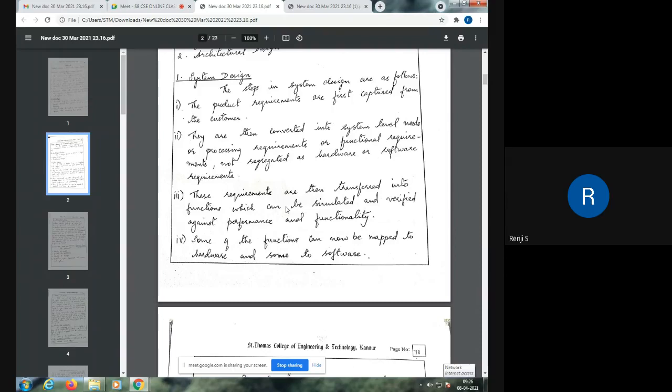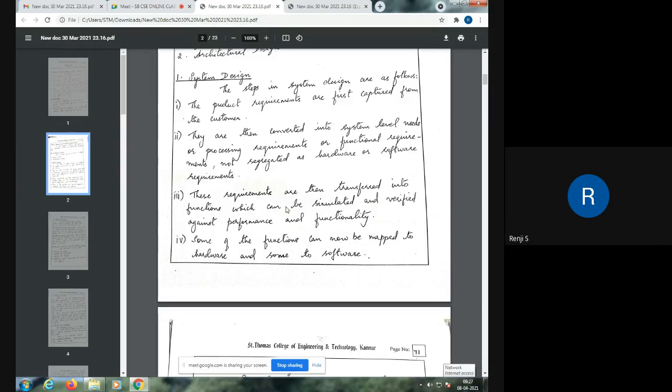Anyway, the first step is to collect the product requirements from the customer, and then these requirements are transferred into functional requirements, or processing requirements or system level requirements, and then into functions which can be simulated by some hardware or software system and checked for functionality and performance.